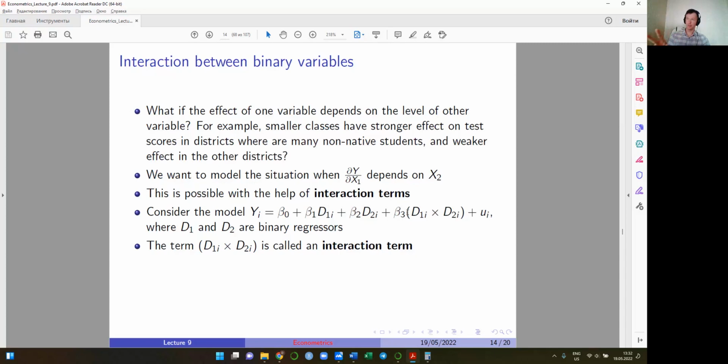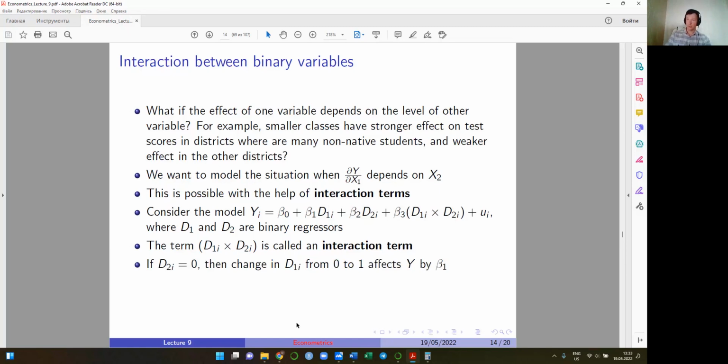So, depending on drinking or not drinking alcohol, probably smoking gives a larger negative effect on the birth weight.